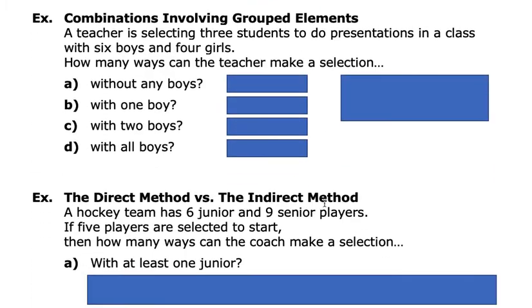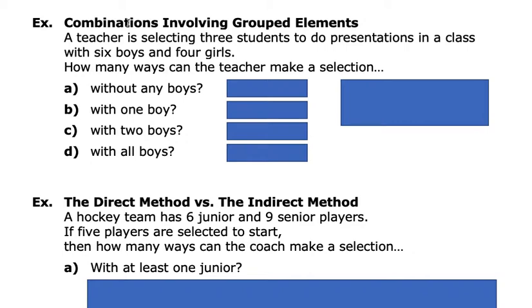Now, what we're going to do is look at some more complicated cases. Combinations involving grouped elements. A teacher is selecting 3 students to do presentations in a class with 6 boys and 4 girls. How many different ways can the teacher make a selection without any boys?